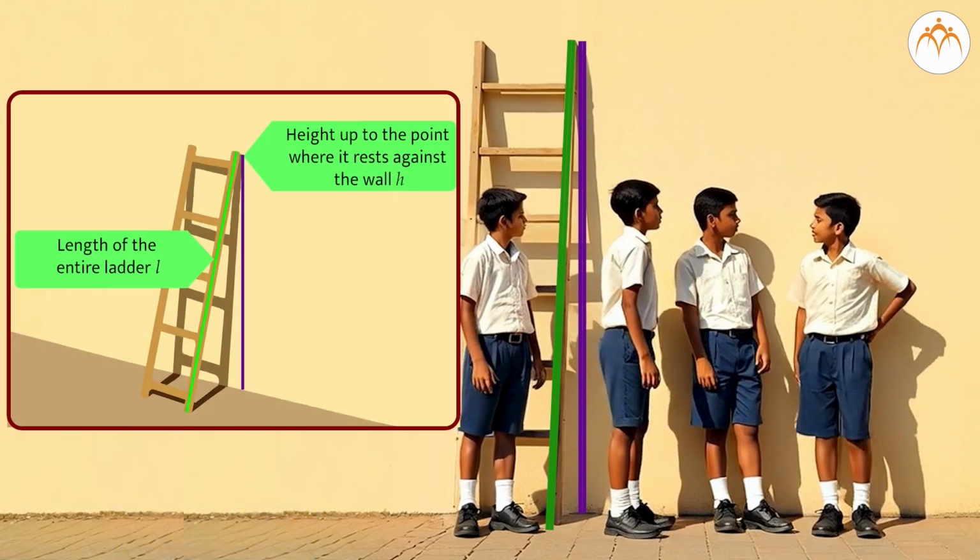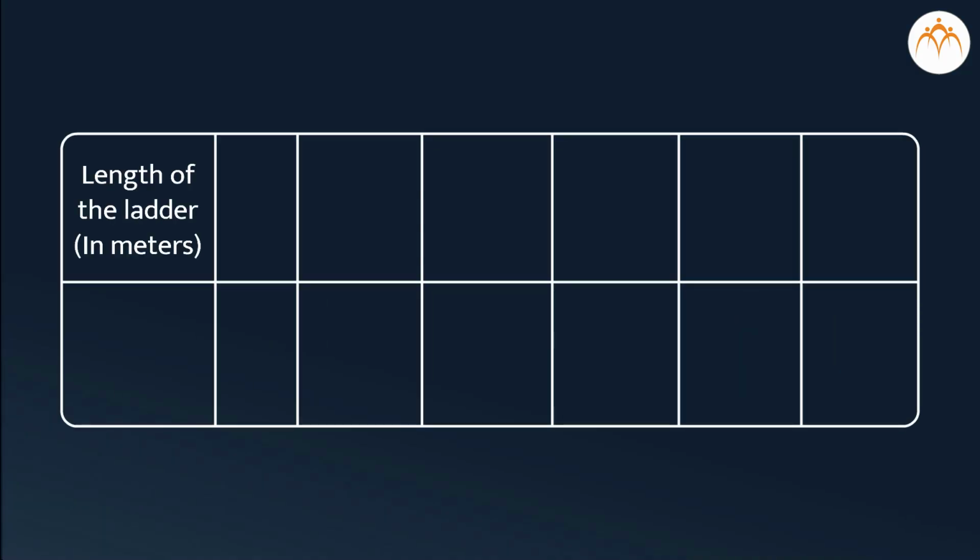The students took some measurements and recorded their observations. Based on these measurements, they prepared a table. Length of the ladder, height of the wall. Length of the ladder 13, height of the wall 12. Length of the ladder 6.5, height of the wall 6.